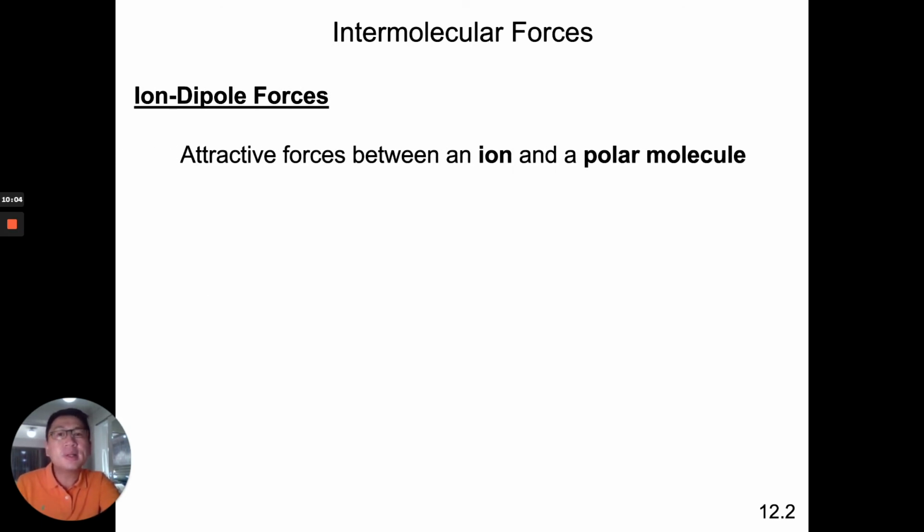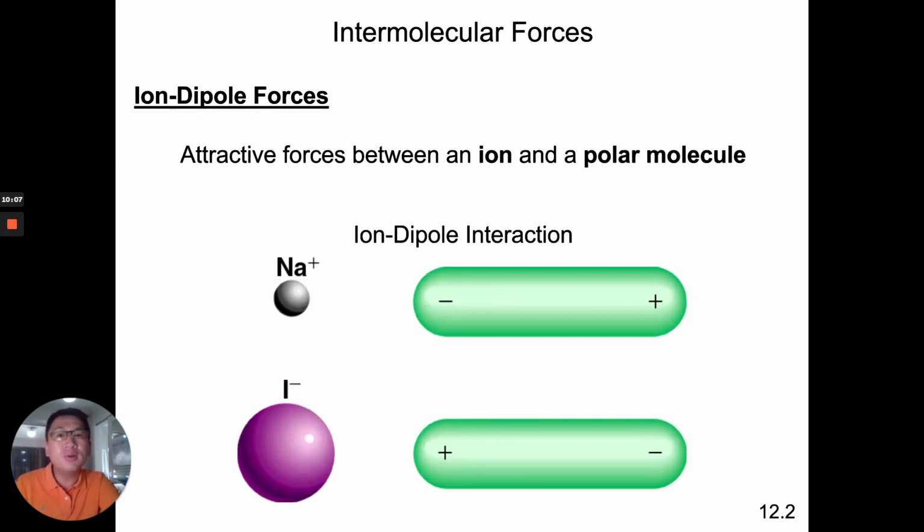Another type of intermolecular force is an ion-dipole force. That is between a polar molecule and an ion, something positive or negative. The polar molecule has a part that's positive and a part that's negative, and they attract.